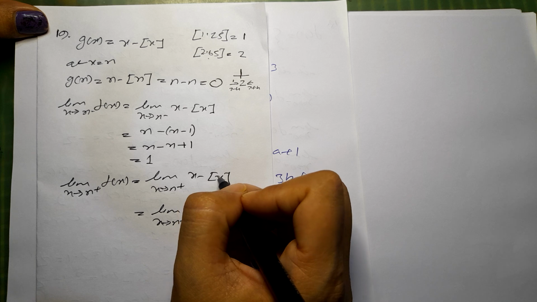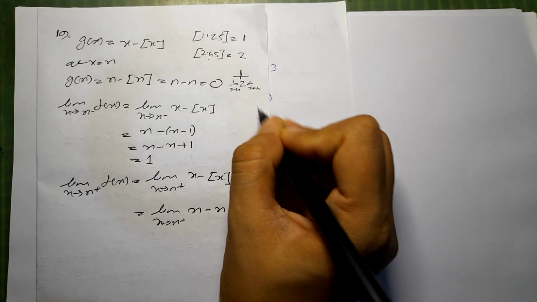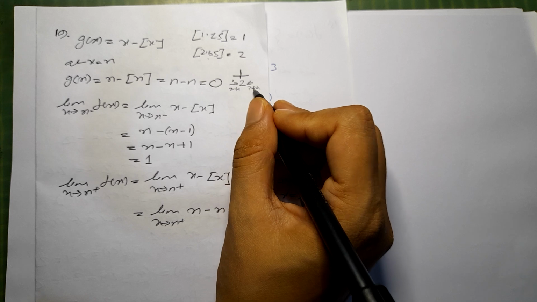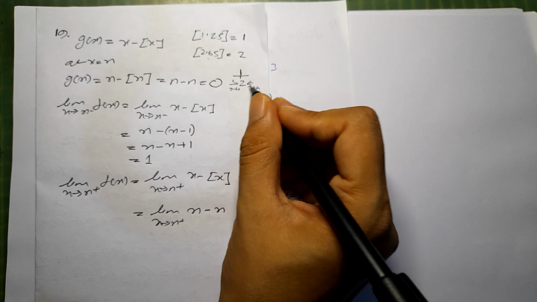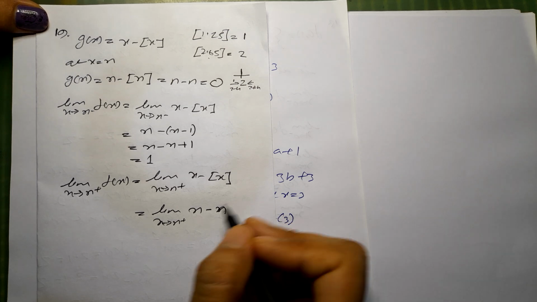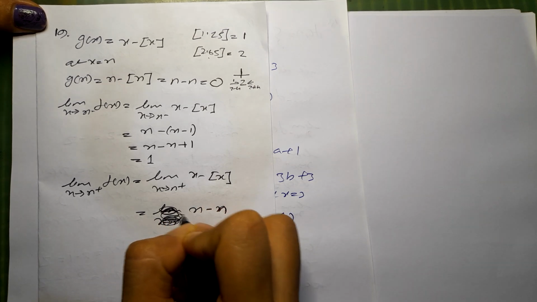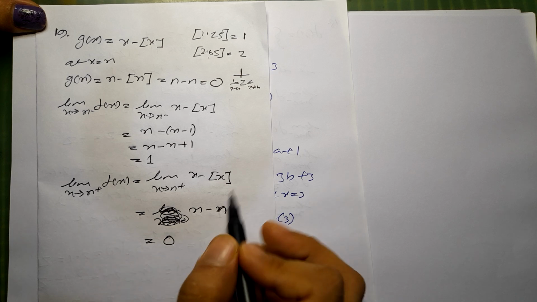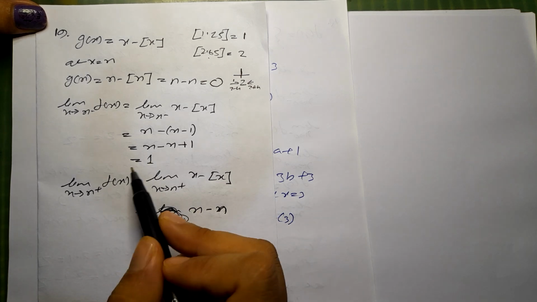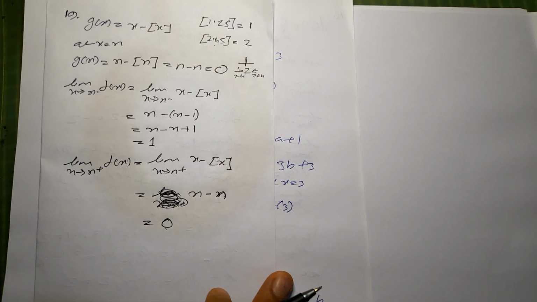Here it approaches from the right side, so it will increase by something, like 2 plus 0.009, but the integer will remain 2, so the integer will remain n. The decimal part is eliminated, so it will give 0. Right hand limit equals 0 and left hand limit equals 1. These are not equal, so it is a discontinuous function.